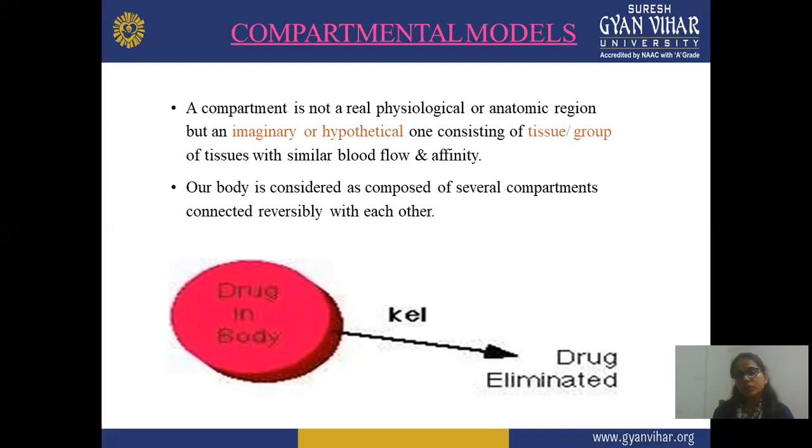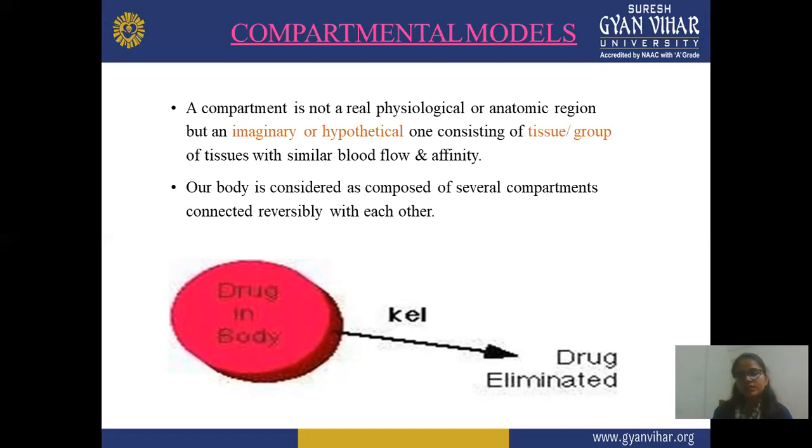It means these compartmental models are not based on real regions. You take the real anatomical and physiological regions of your body and imagine them in a hypothetical way, considering a particular group of tissues of your body having a similar blood flow or affinity of a drug to that particular tissue.